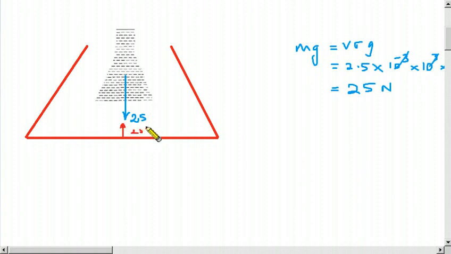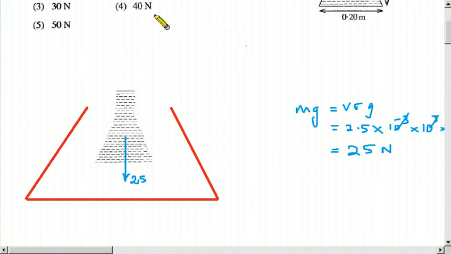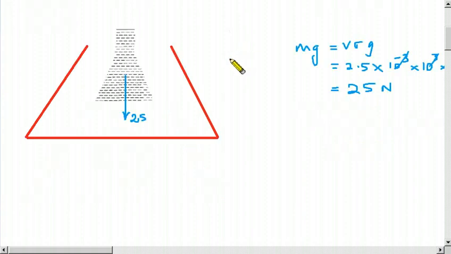So let us check the amount of force that is given by the flask. To do that, you have to consider the pressure here. The water pressure here is pressure P, which we can calculate using H rho g.